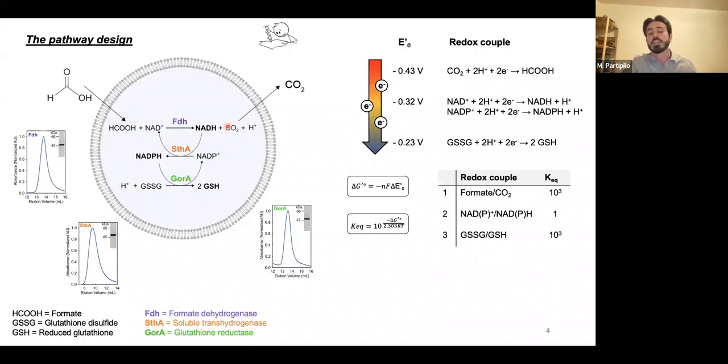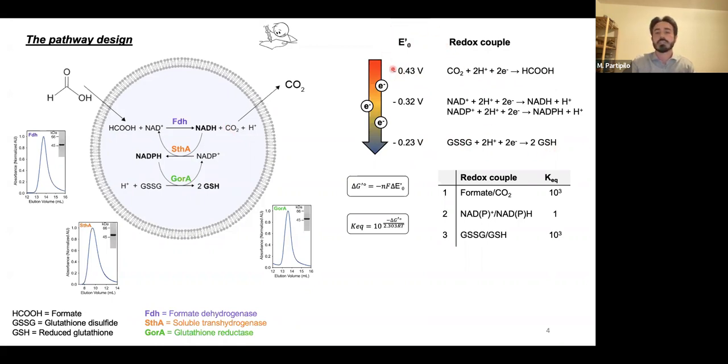of our pathway the choice of our reactants, since electrons move from a more negative reduction potential, as in the case of the couple formate/CO2, and flow to a more positive reduction potential, as in the case of our final acceptor, glutathione disulfide and reduced glutathione.